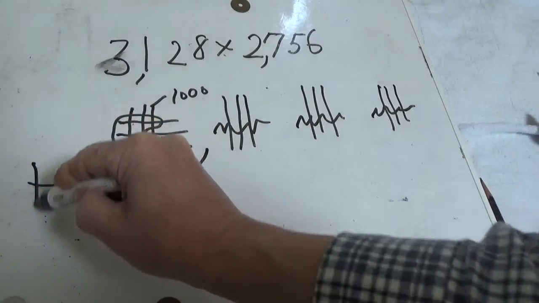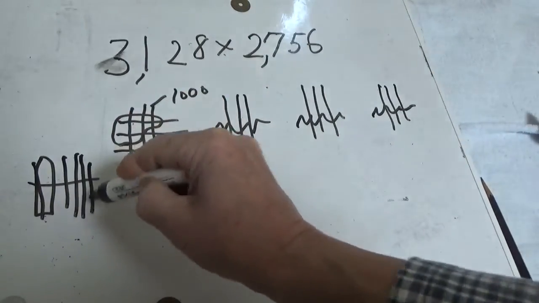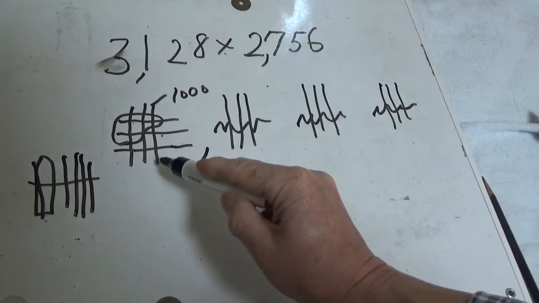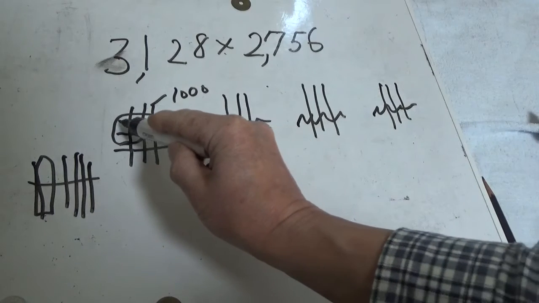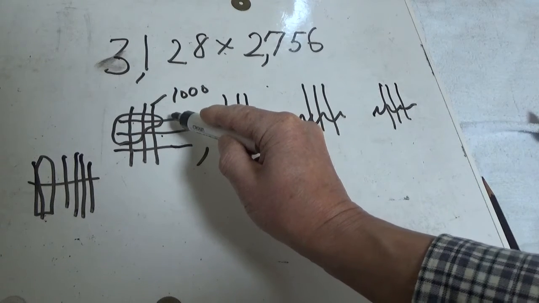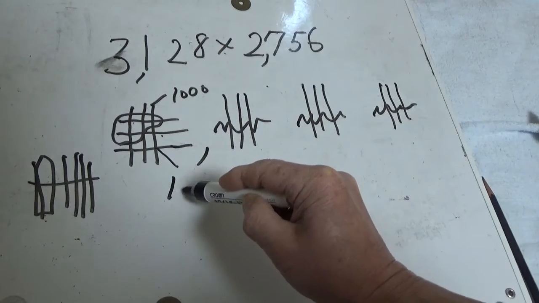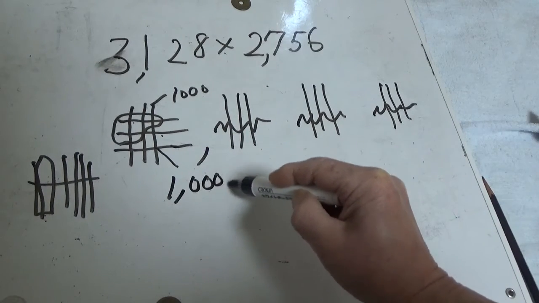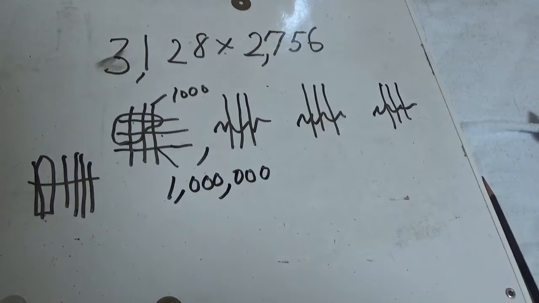That is 9. This is 1,000. This is 1,000. So it is 1,000 lines and 1,000 lines, so it is, yes, 1 million. So it is approximately 9 million.